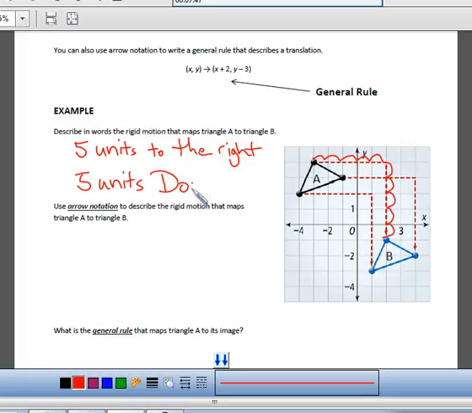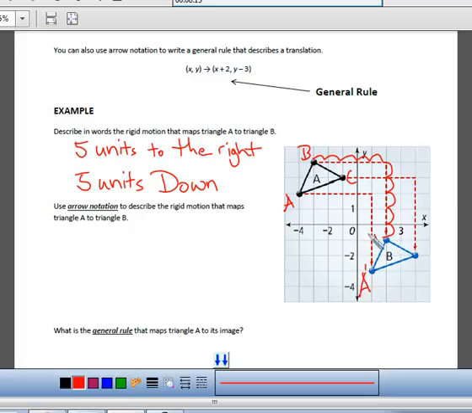Alright, so now what we're going to do is use arrow notation to describe the rigid motion that maps triangle A to triangle B. So to do this, I'm going to label my points on my triangles. Triangle A has points A, B, and C. Now, since the orientation is the same, this point here that's A goes with this point here, which is A prime.